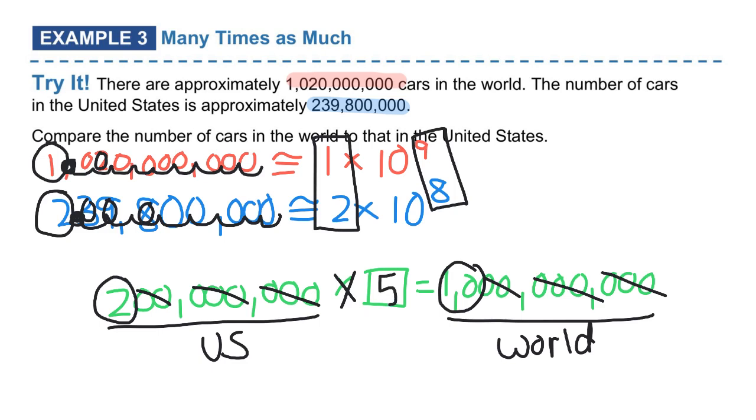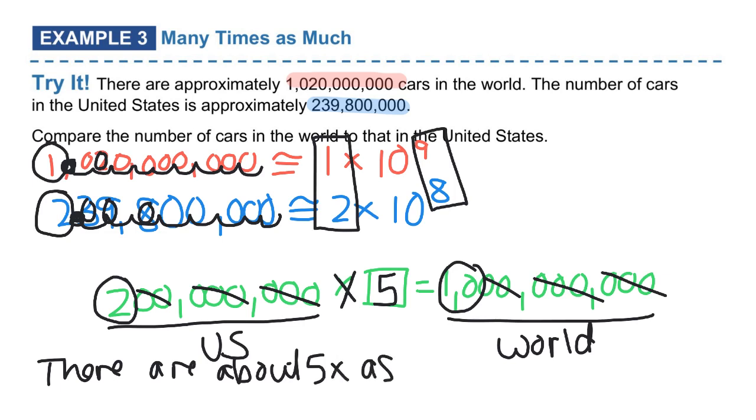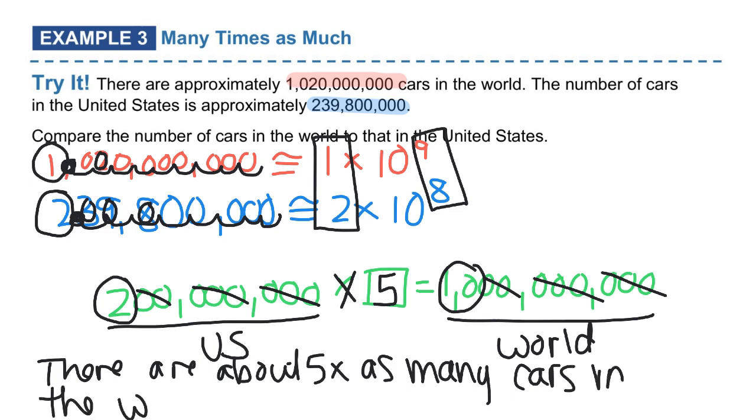Well, 2 times 5 is 10, so there are about 5 times as many cars in the world as in the US. I am by no means saying that is the only way of doing that, but I will say if you're having troubles, it's an alternative way of doing it.